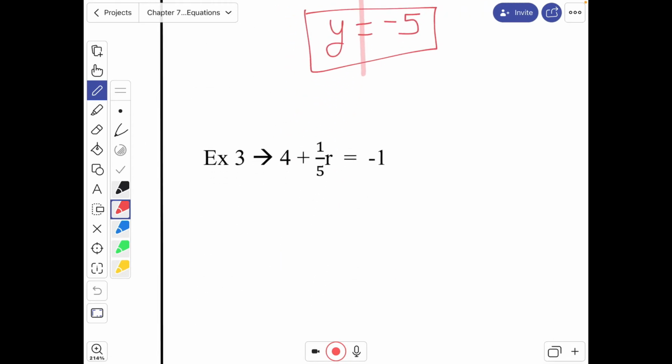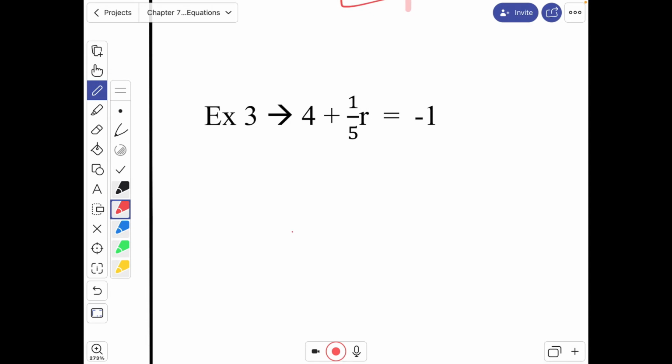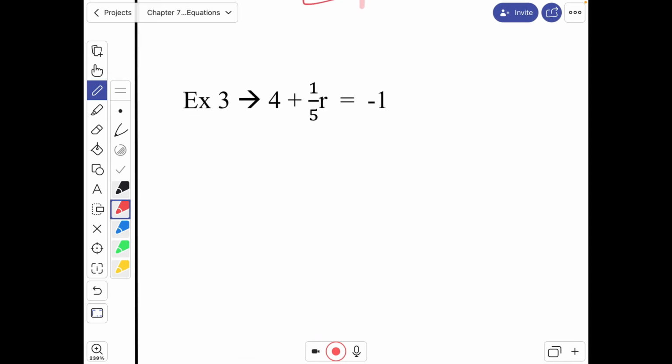Let's try one more example, this time with a fraction. So our coefficient is a fraction, a rational number. Okay, again, remember, whatever you do to the left, you have to do to the right. So we start with the adding first.